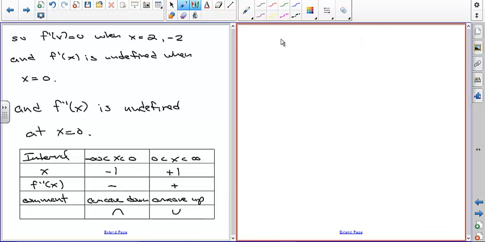The last thing we want to do is find out what the value of the function is at the critical numbers. So f of negative 2 is going to be negative 2 plus 4 divided by negative 2, which is negative 2 plus negative 2, so together they're negative 4.